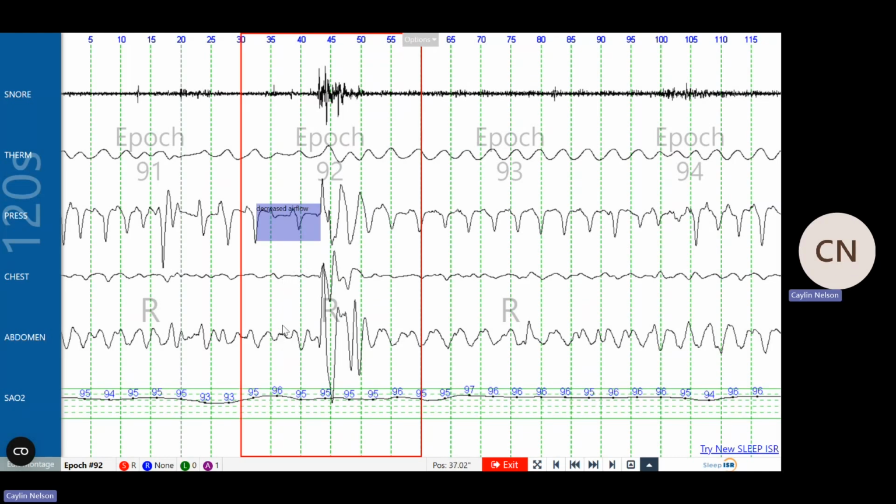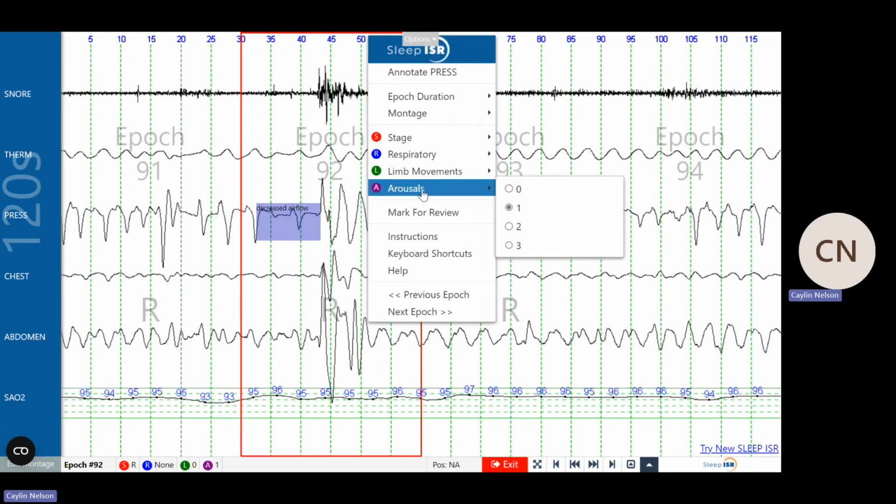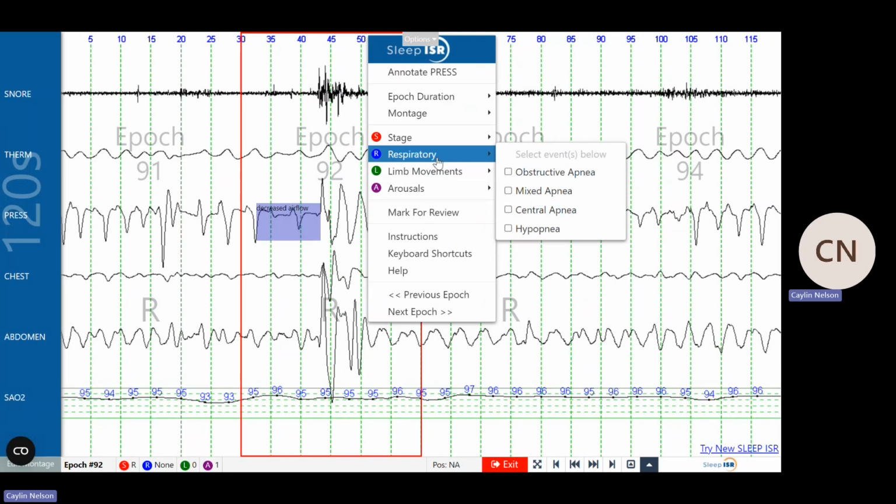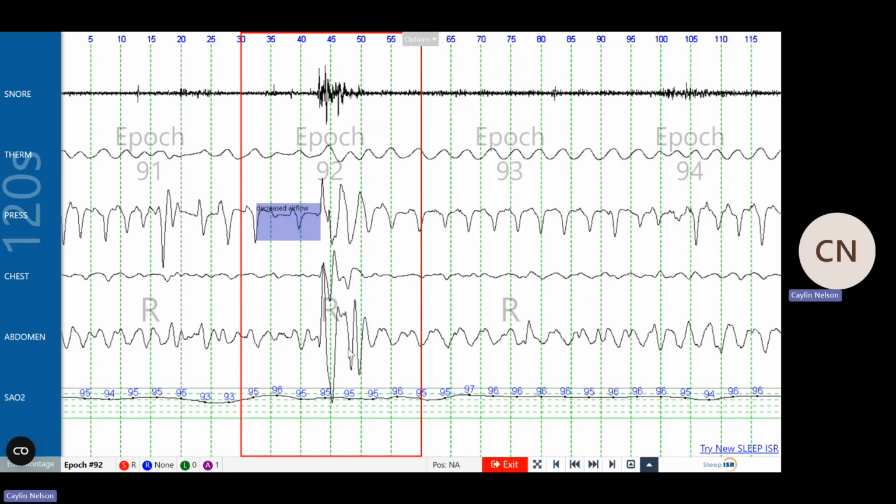So you can see with the decreased airflow, the also decreased effort that comes along with it. You can see right after that happens that it has the very large waveform at about 45. So I pull up this drop down menu and I go to respiratory, and for whatever reason I did not add that hypopnea there because of the decreased airflow, making it 10 seconds, and that arousal that happens immediately after it.